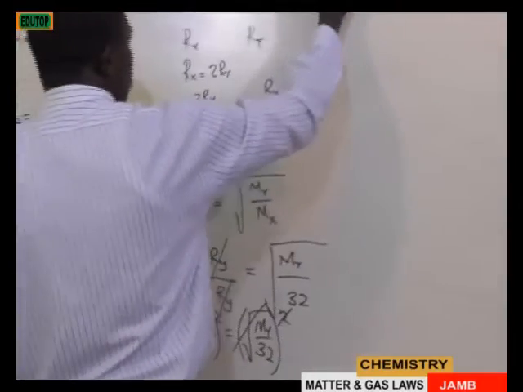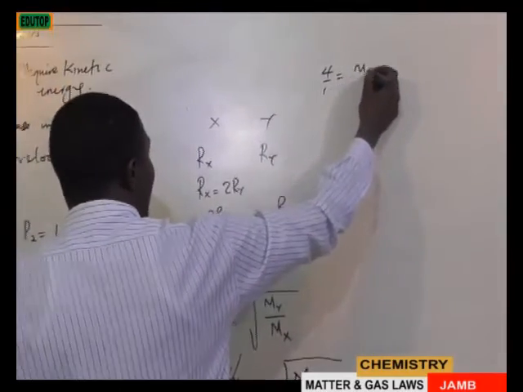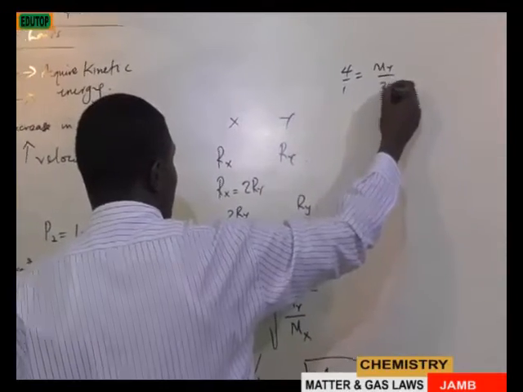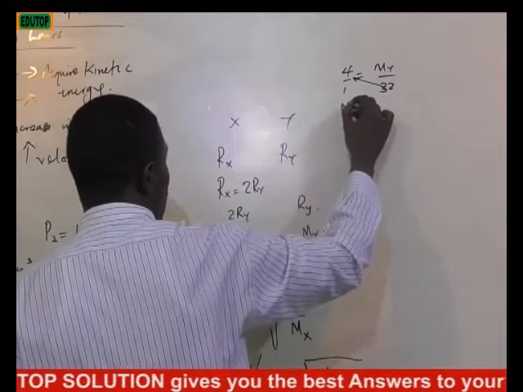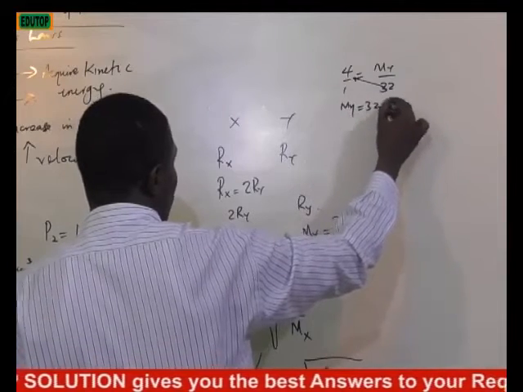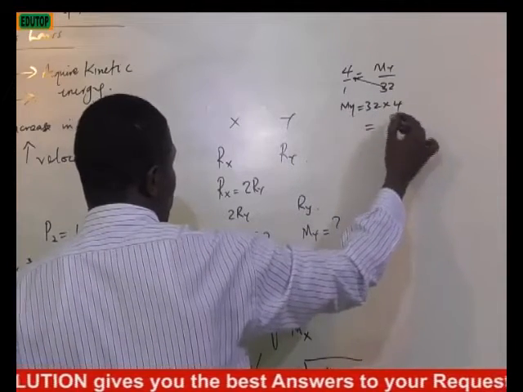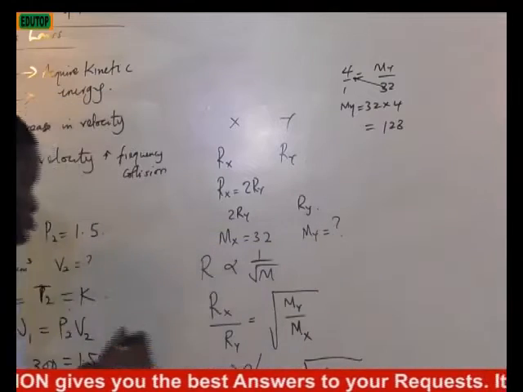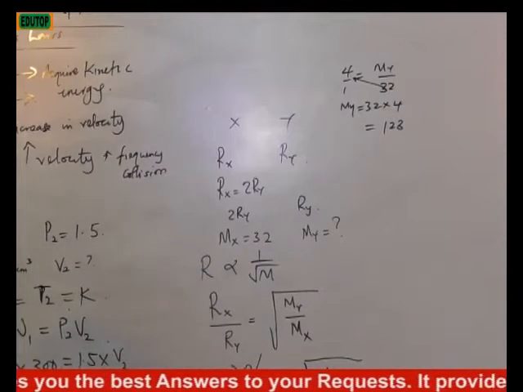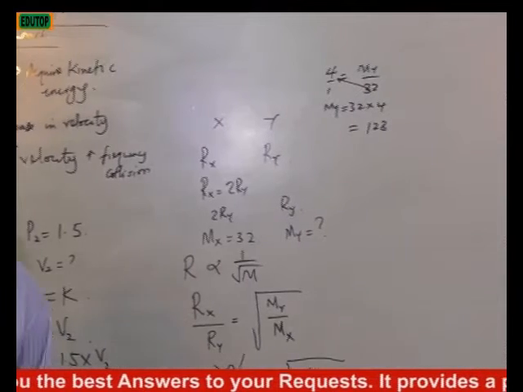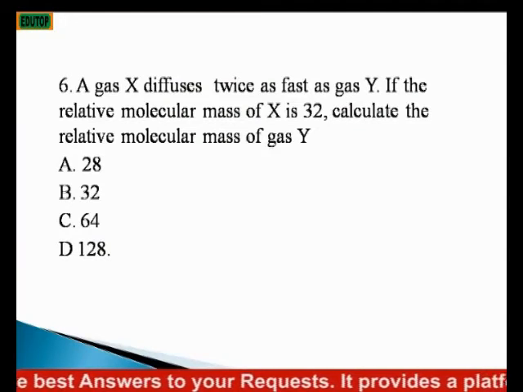So we have 4 over 1 equals My over 32. Then we are looking for My, so we cross multiply. So our My will now be 32 times 4, and that will be 128. So our answer, the relative molecular mass, which has no units, is definitely going to be 128.